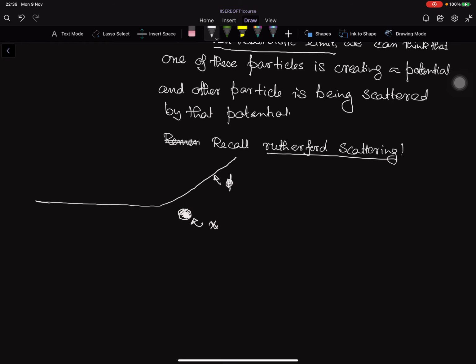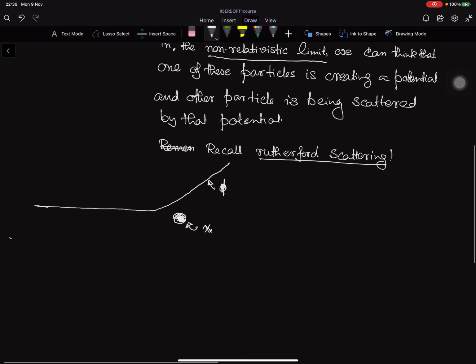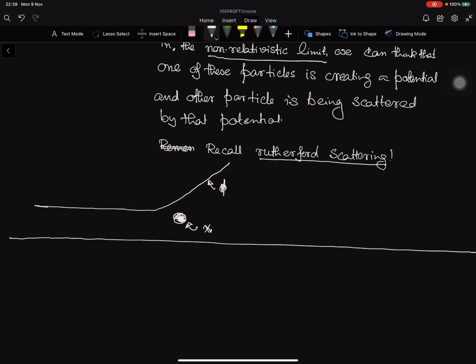Okay, so in this setup, in order to take the non-relativistic limit, the first important thing is the relativistic and non-relativistic normalization of states.